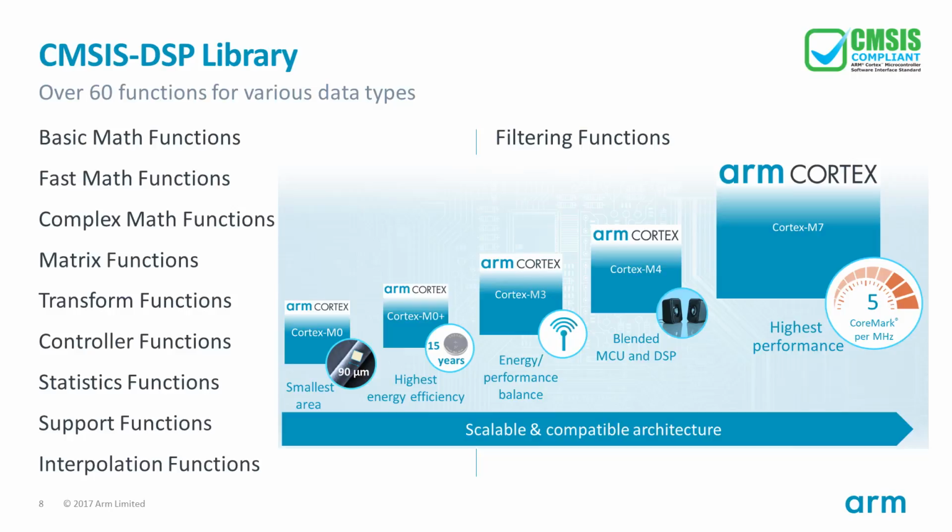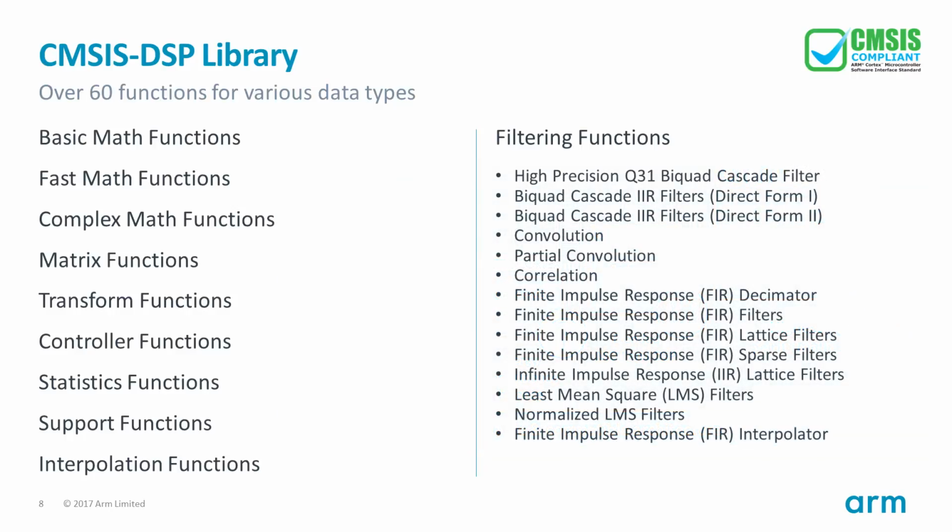The latter ones provide additional SIMD capabilities which make them an excellent target for digital signal processing. In this webinar, we will use filtering functions, which are one aspect of the CMSIS-DSP library. It supports IIR, FIR, and LMS filtering functions, each supporting a different use case.